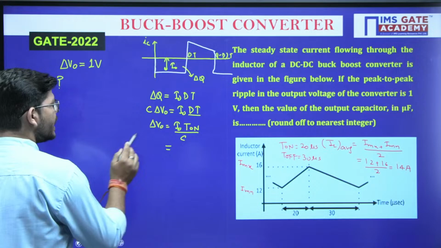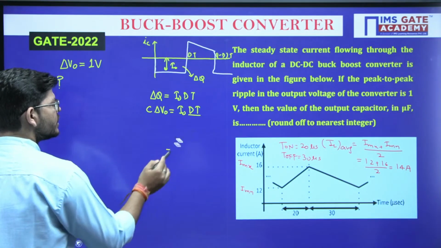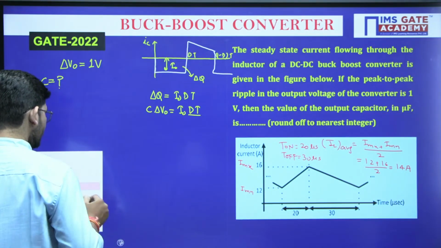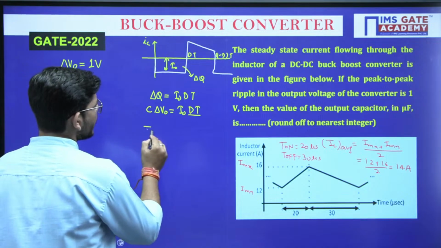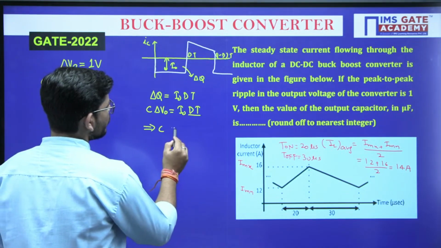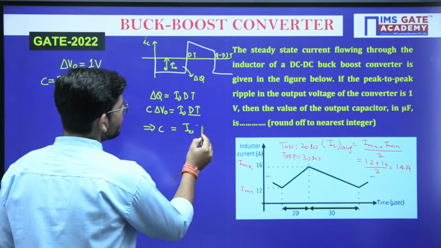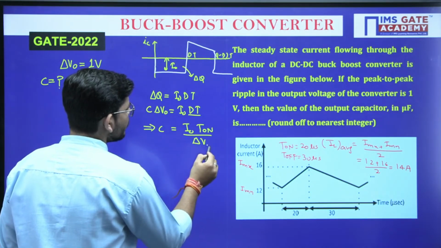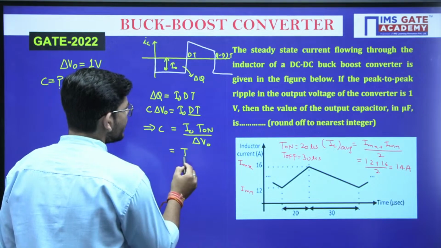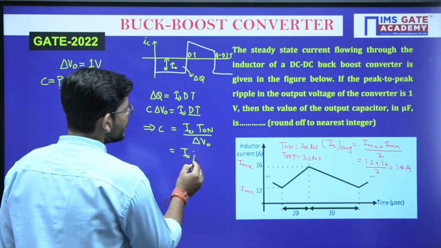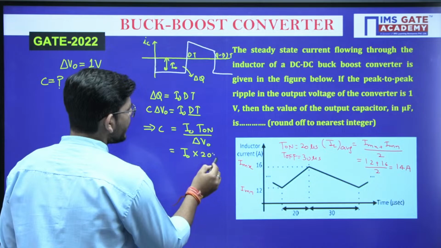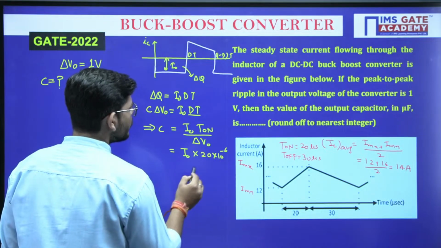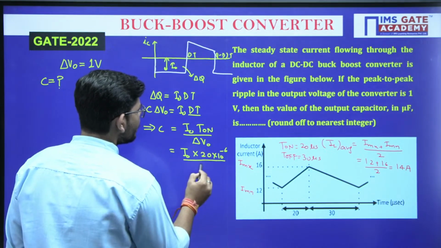So better we write this expression in terms of C instead of del V naught. If we want to calculate C, that will be equal to I naught into dt, which we can write as T on divided by del V naught. Now, how much is T on? T on is basically 20 microseconds, meaning 20 into 10 to the power minus 6. Del V naught is 1.